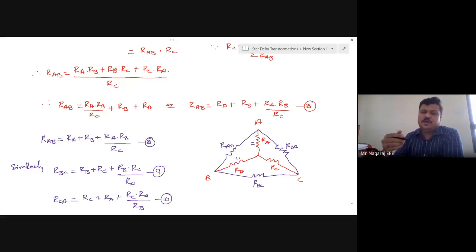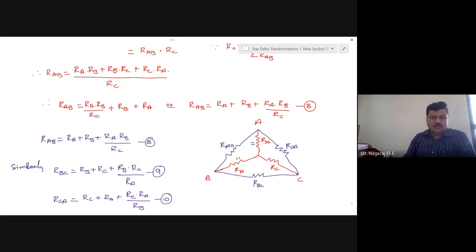So whenever we are transforming anything, whether it is a source, a circuit, or an element, we always have to take the equivalent values, because if the equivalent values are not justified, then my transformation will be incorrect. The final result will be of no use.